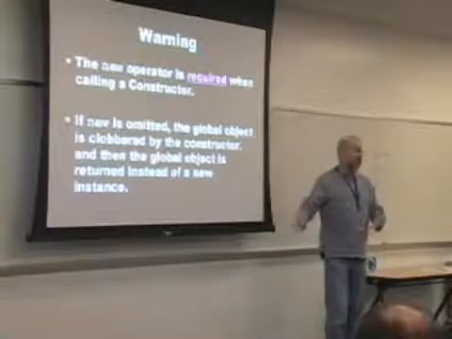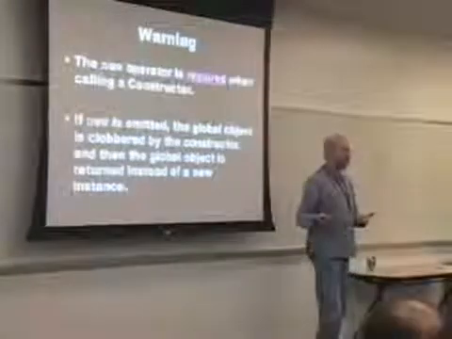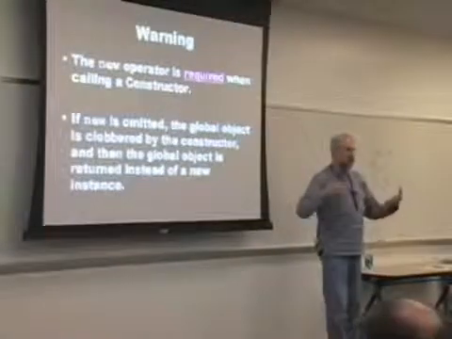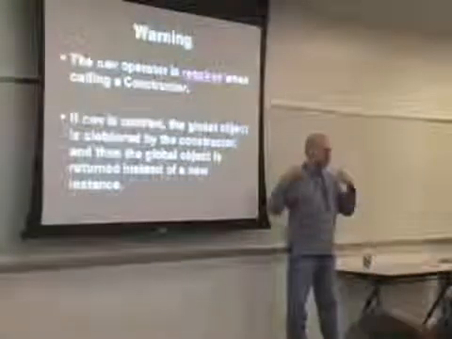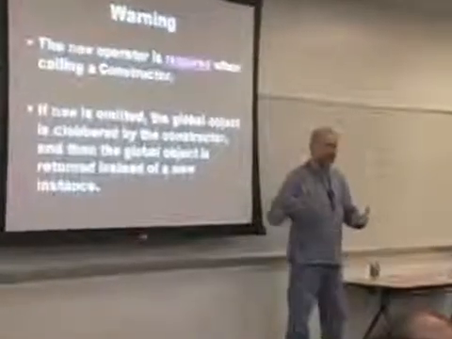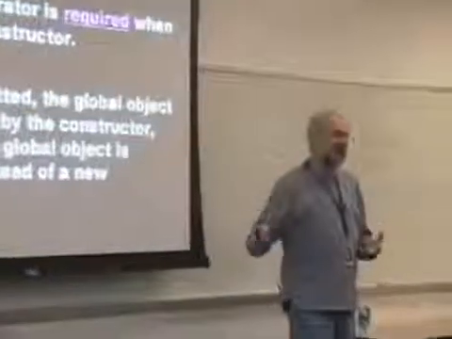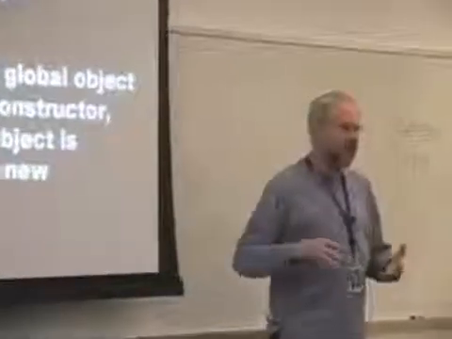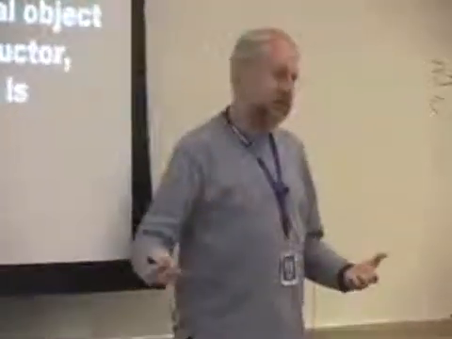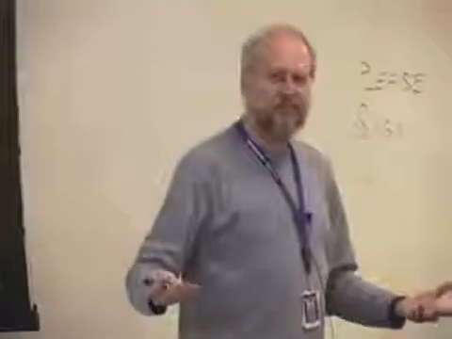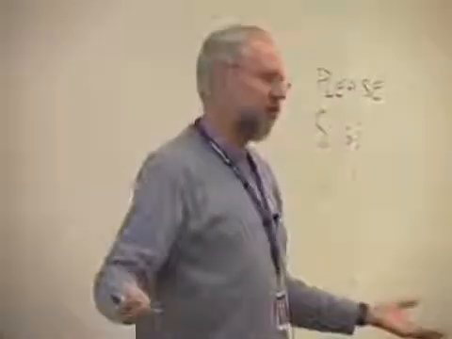And then it will return the global object as though it was the instance it had just created. So you get two opportunities to be clobbering global variables. This is really bad. There's nothing in the language which gives you any indication that you made this error. There's no compile time check. There's no runtime check.